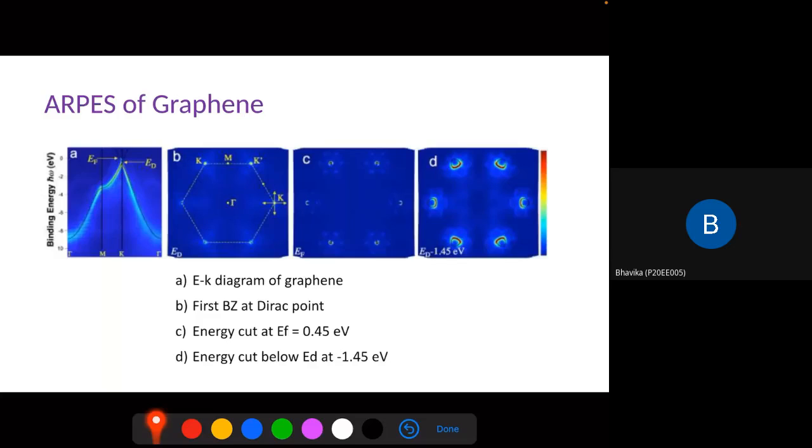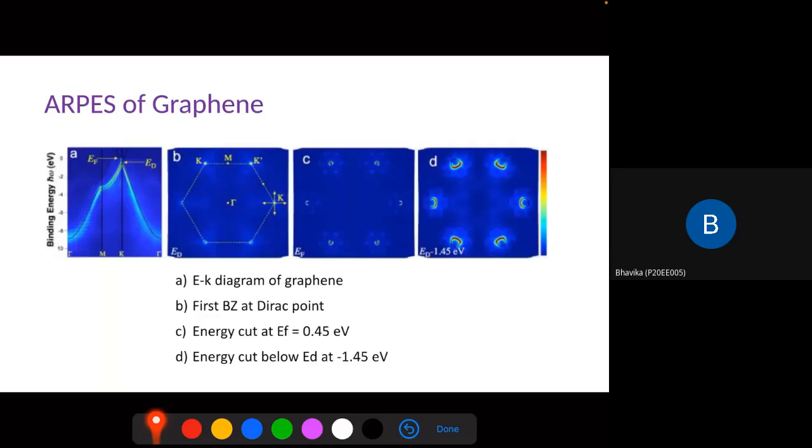When we talk about devices, we always talk about the charge carrier mobility, and the charge carrier mobility here is quite high, up to 200,000 centimeter square per volt per second. Then there is a huge Young's modulus, and the thermal conductivity of graphene is quite high.